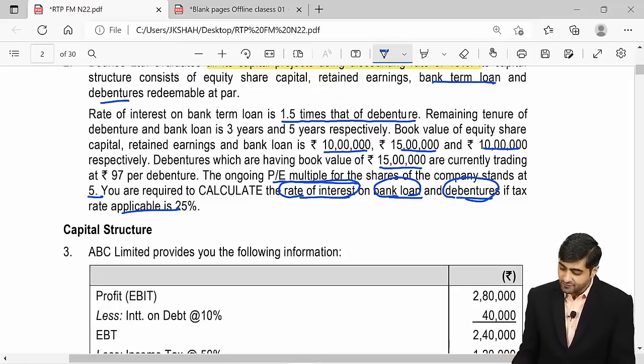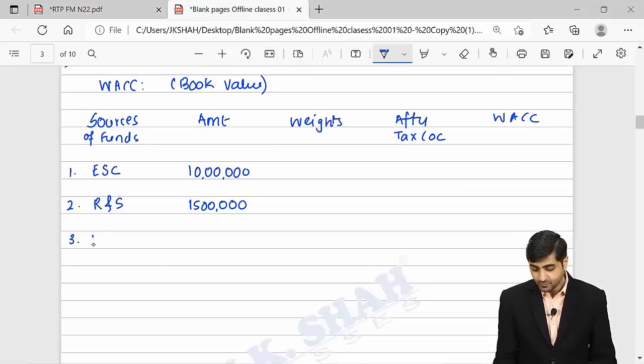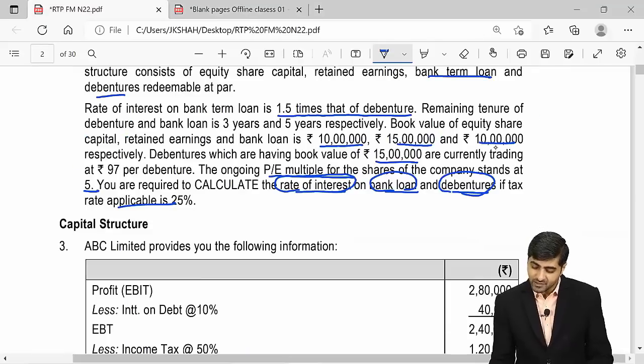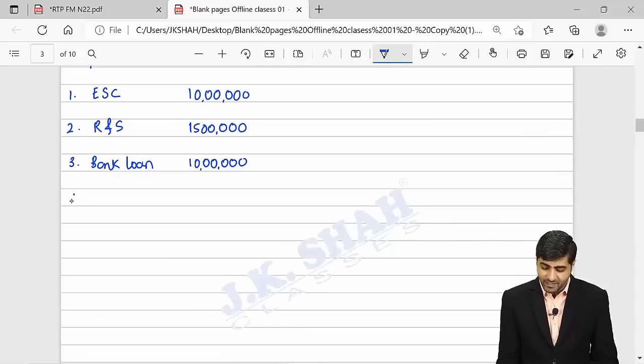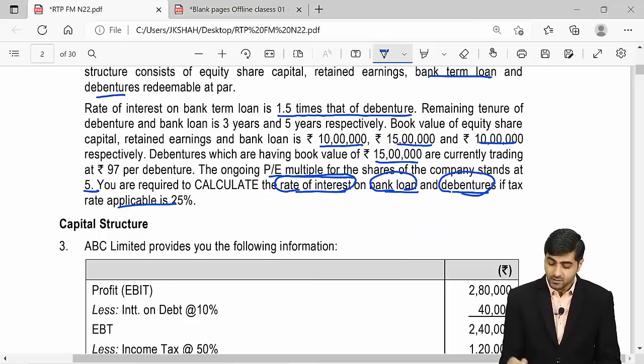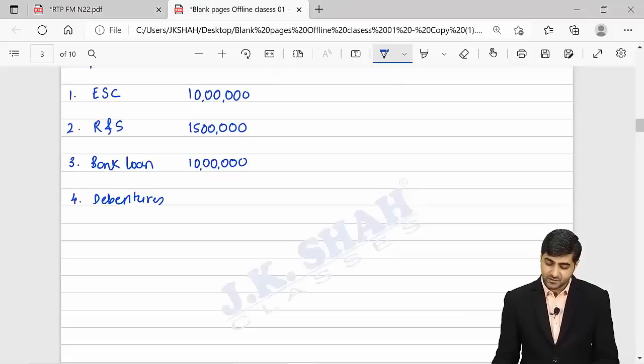Then we also have bank loan, and the bank loan available is 10 lakhs. And then we also have debentures, which is 15 lakh rupees.